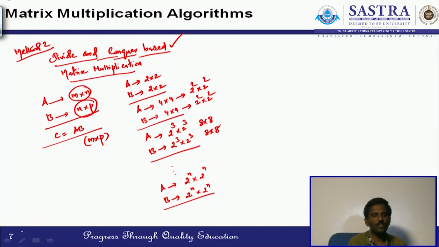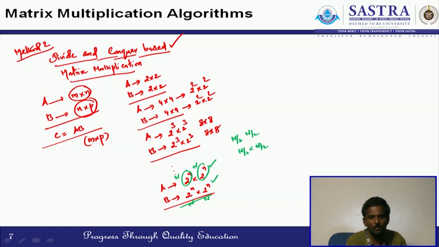In case the input size is already in the form of 2 power n into 2 power n orders, no problem, we can subdivide the matrices into n by 2 into n by 2. Suppose this is capital N into capital N, then A is subdivided by 2 into n by 2, n by 2, and B is also subdivided by 2, n by 2 into n by 2. Then check if n by 2 reaches 2.